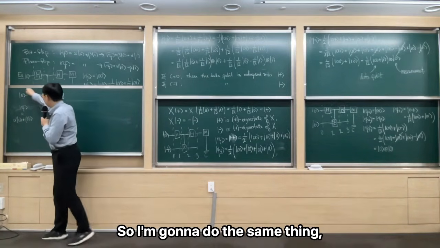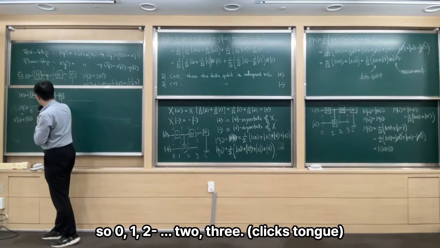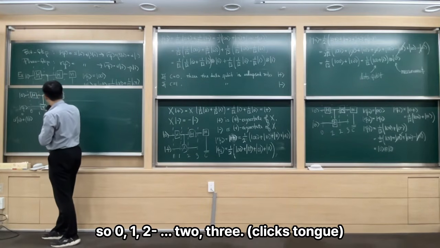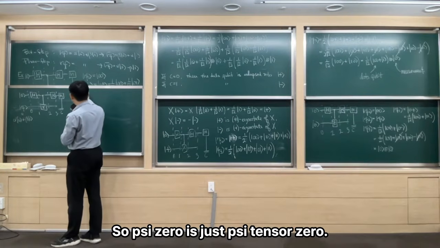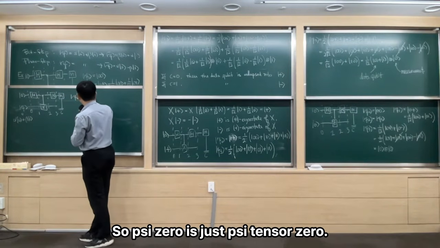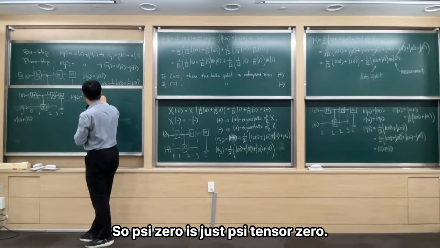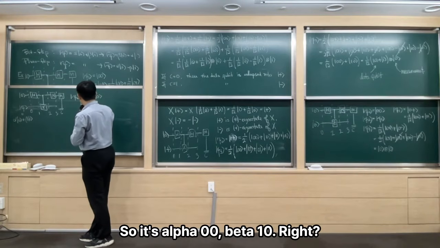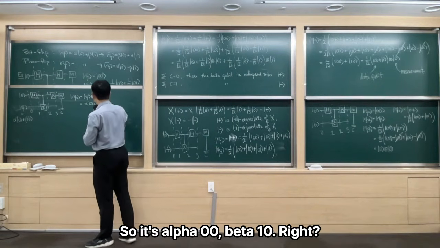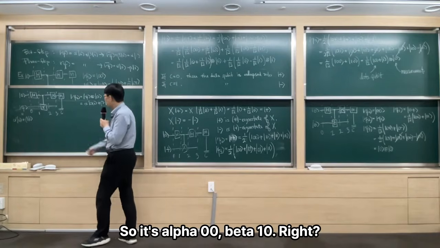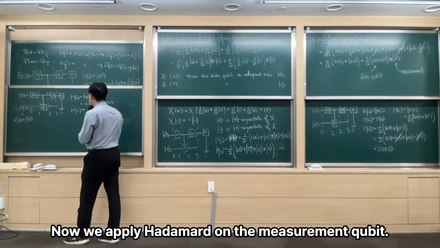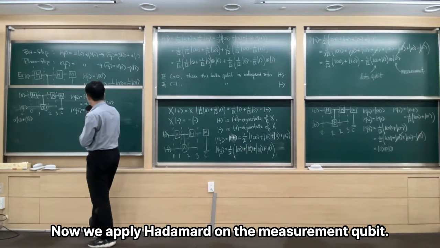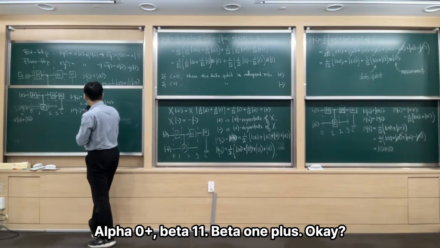Okay, so I'm going to do the same thing. 0, 1, 2, 3. So psi 0 is just psi tensor 0. So it's alpha 0, 0, plus beta 1, 0, right? So psi 1, now we apply Hadamard on the measurement qubit: alpha 0 plus, beta 1 plus.